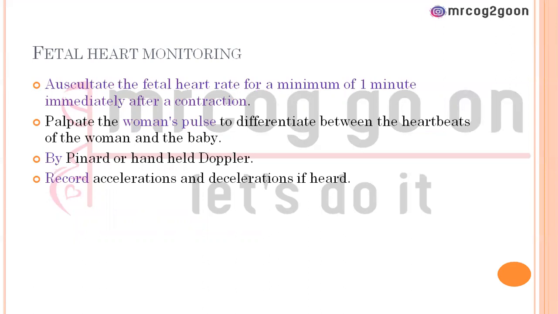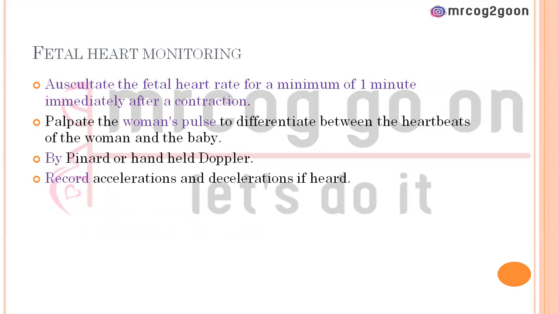But for any low risk woman, we will not go for CTG. We will go first for intermittent auscultation, either by Pinard stethoscope or a handheld Doppler. This is what we are doing.